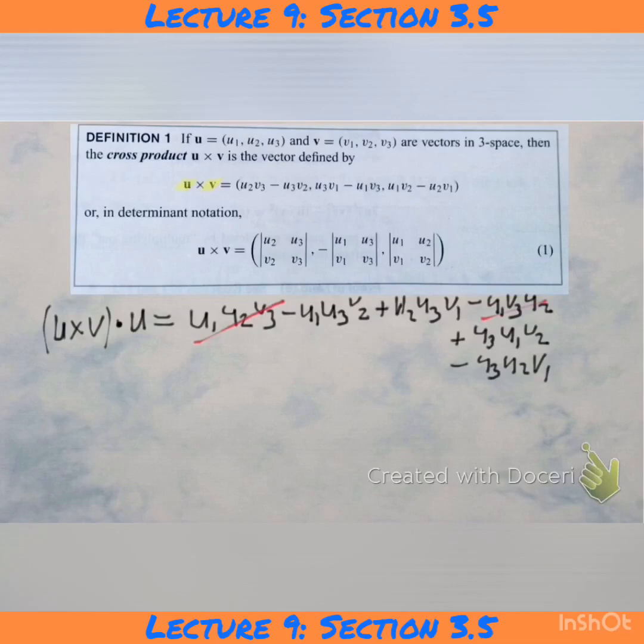This term here cancels with that term there, and that term there is v2, u1, that term cancels with that term there. So you can easily see that that is clearly 0.